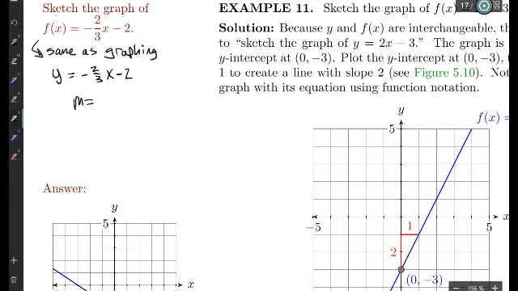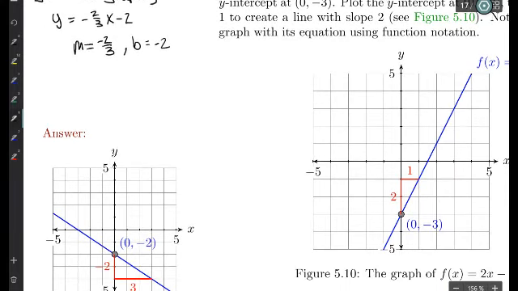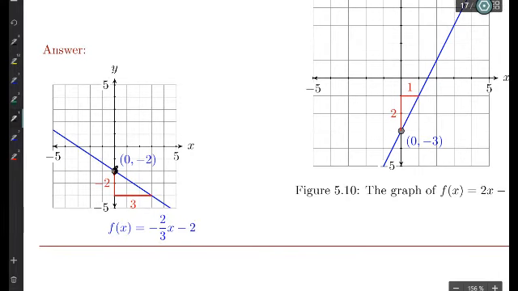We see a slope of -2/3 and a y-intercept of -2. So y-intercept -2, and then we drop 2, so right 3.